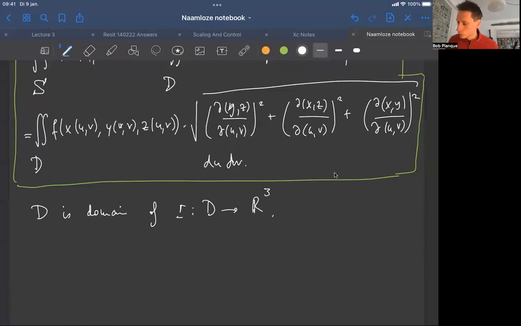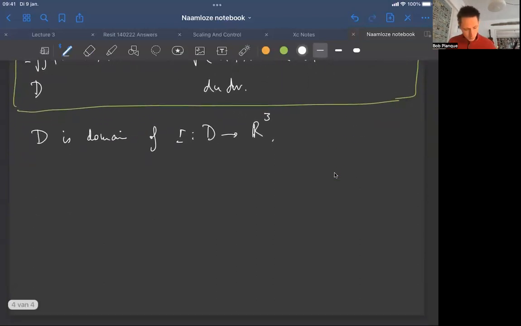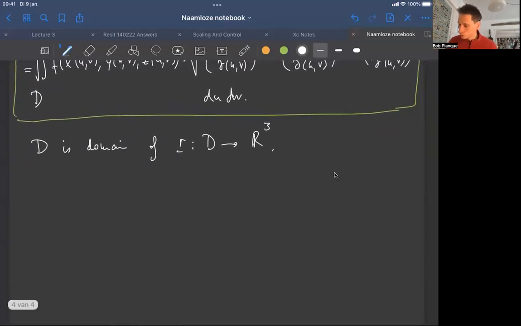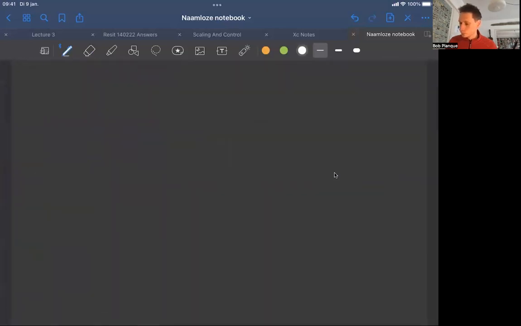All right, so let's make this a bit more concrete and do an example. We would like to compute this surface integral of z dS over a conical surface.